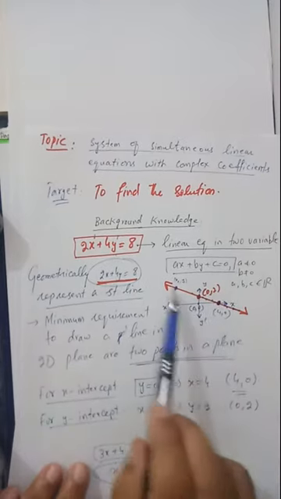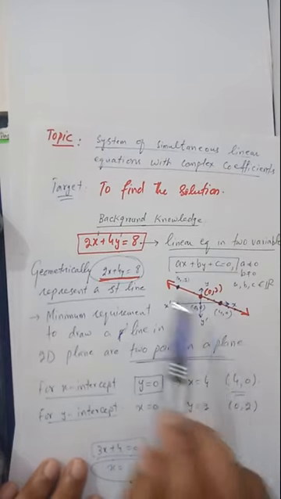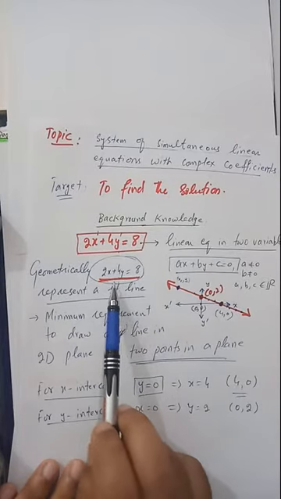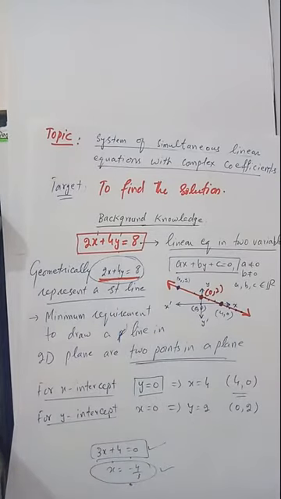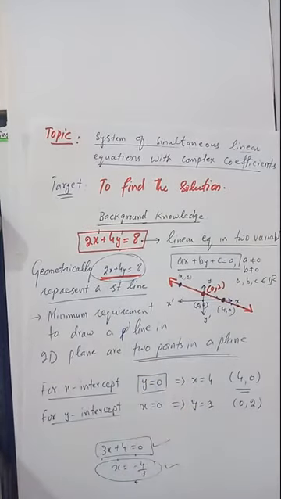Now you clearly see that this line is made from infinitely many points, so every point lying on this line is a solution of this equation. That's why I am saying that the solution of this line is infinite solutions. From this discussion you need to remember 2 points: the linear equation in 2 variables graphically represents a straight line, and whenever you draw the graph of any equation, all the points lying on the graph will satisfy that equation.